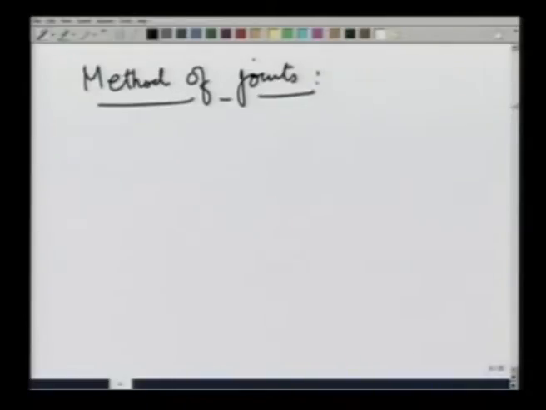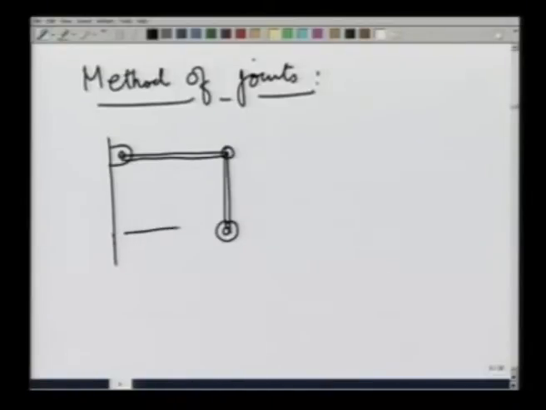As the first example, let me take a simple system which is made of 4 rods with one fixed pin joint here. This is a rod, another rod like this, the pin joint here, a third rod like this, and this is on a roller, a fourth rod like this, and there are two ropes along the diagonal.